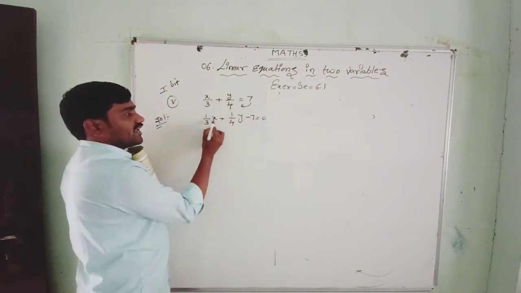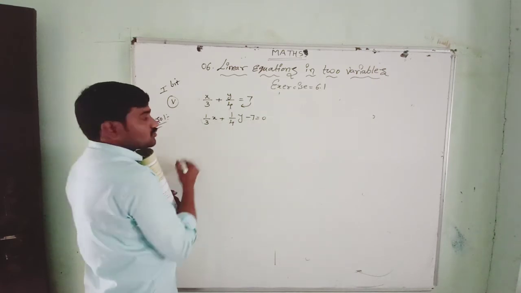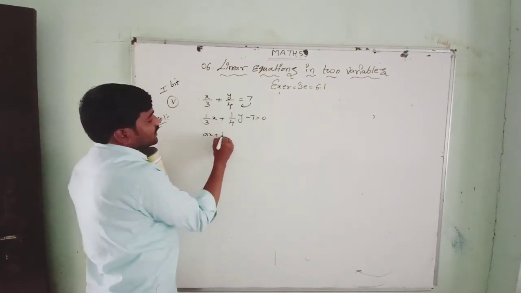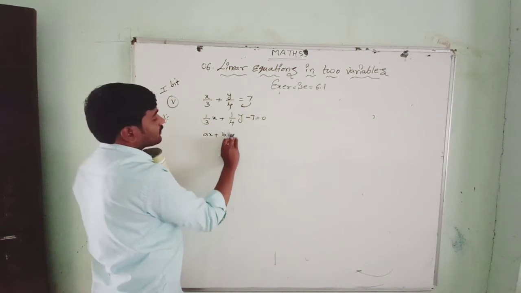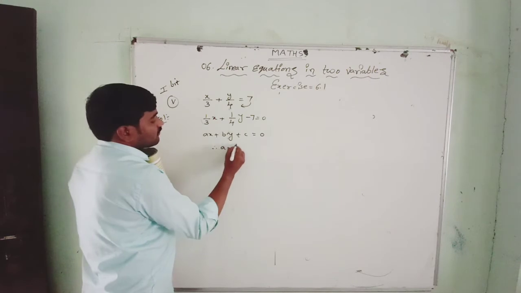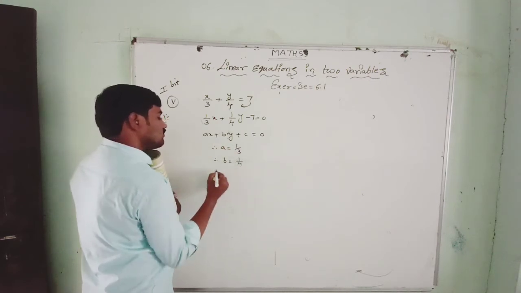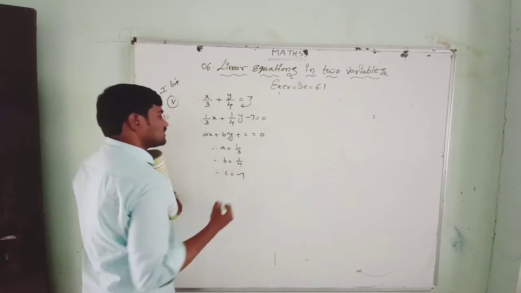Now it is in the form of ax plus by plus c equal to 0, where a value equal to 1 by 3, b value equal to 1 by 4, c value equal to minus 7.